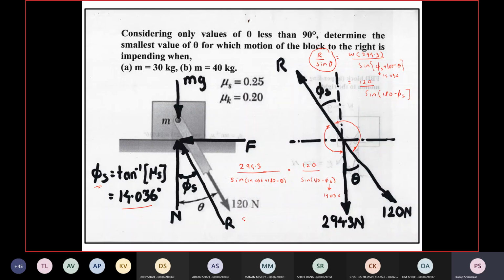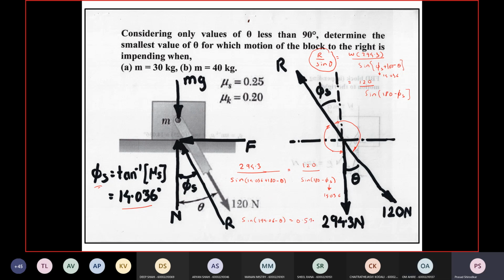You should get an expression something like this: sine of 194.06 minus theta is equal to something. So tell me this value, how much are you getting on the RHS? 0.594. Correct.